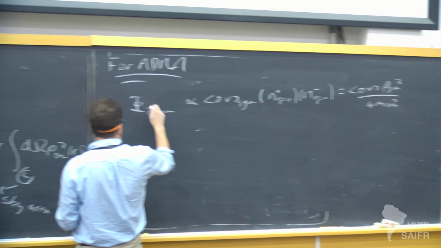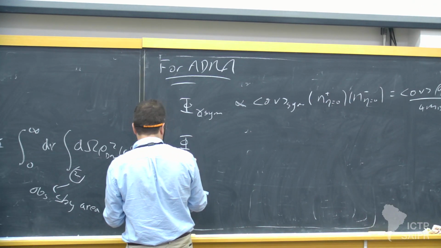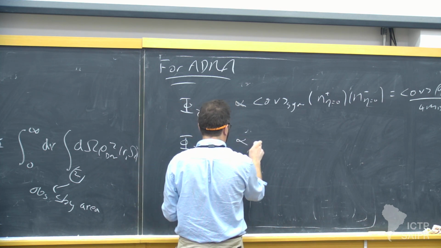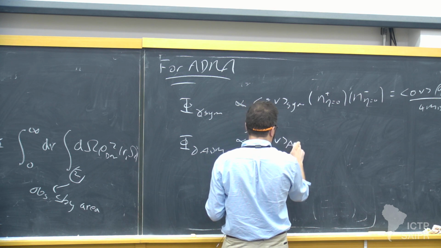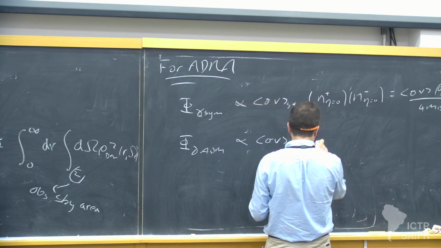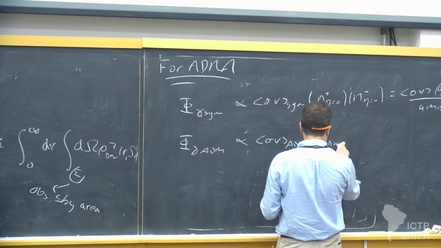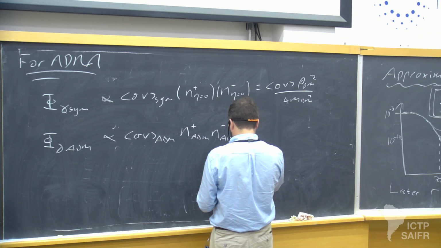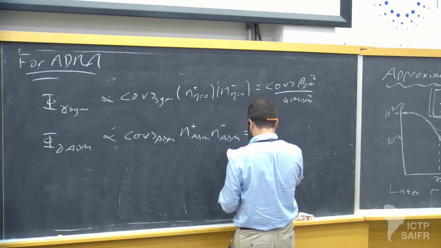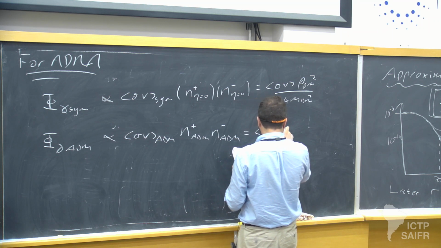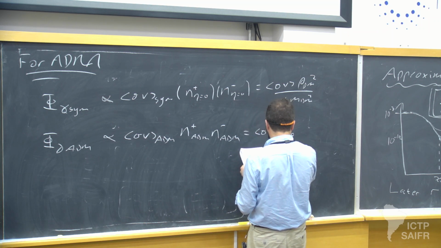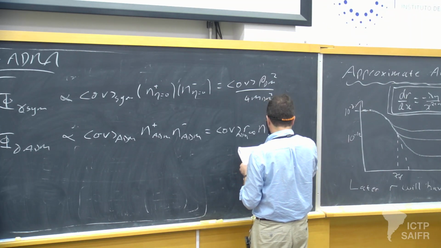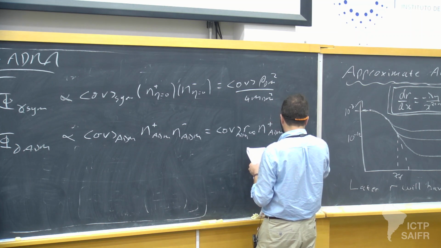While for the flux of photons you're going to see for the same dark matter model, but now with an asymmetry, we're going to write this as sigma v r infinity, asymmetric dark matter, n plus asymmetric dark matter squared.